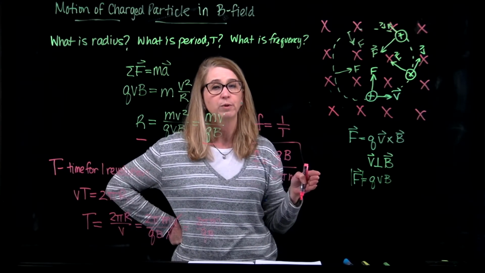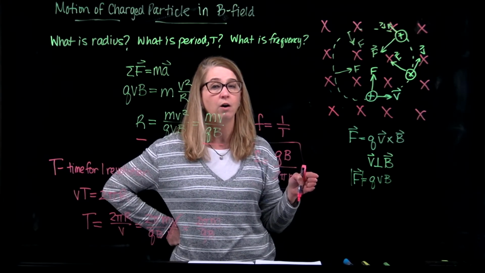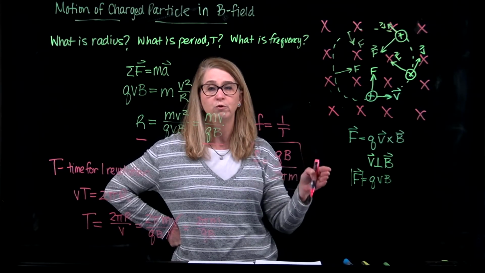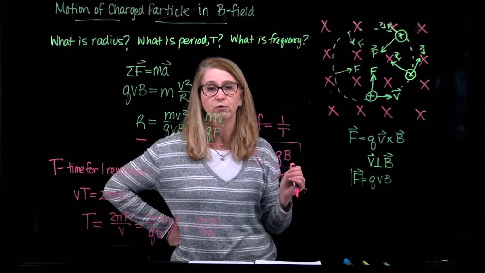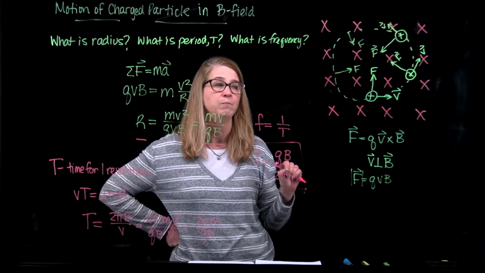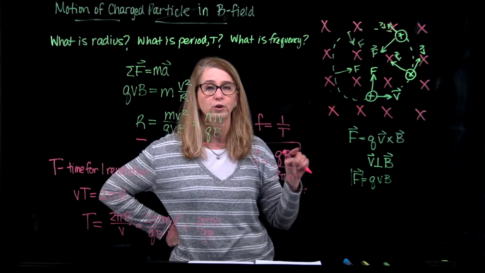The parallel component of the velocity, as you know, will not be affected at all by the magnetic field because when you move parallel to the field, there is no force. The component that is perpendicular to the field is going to create that circular motion.